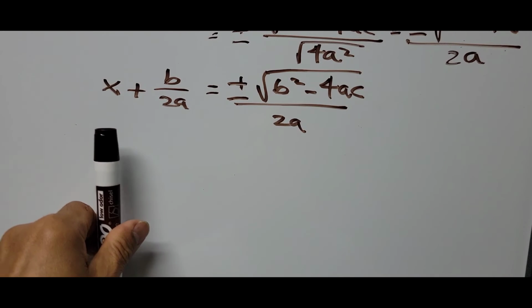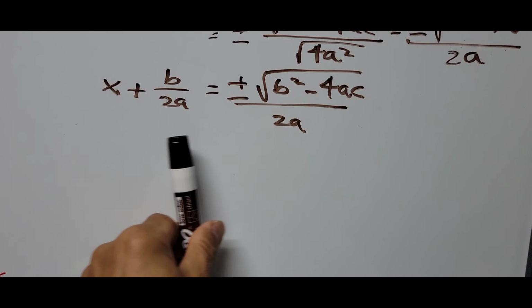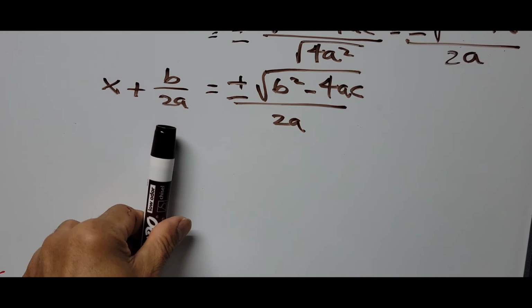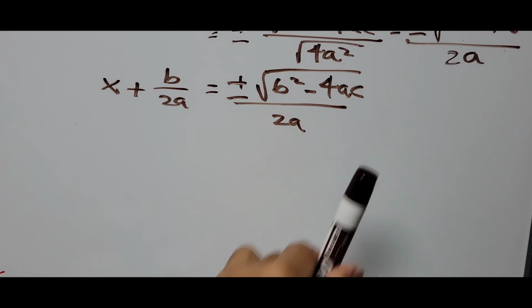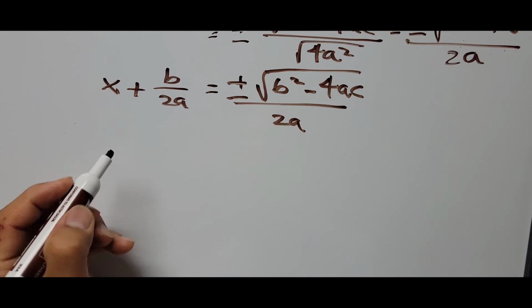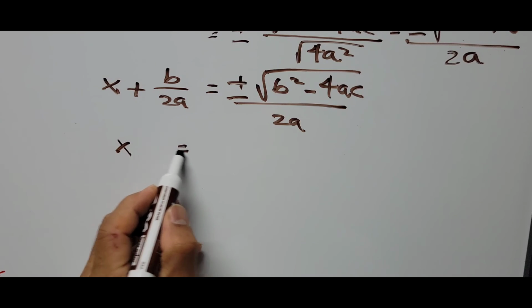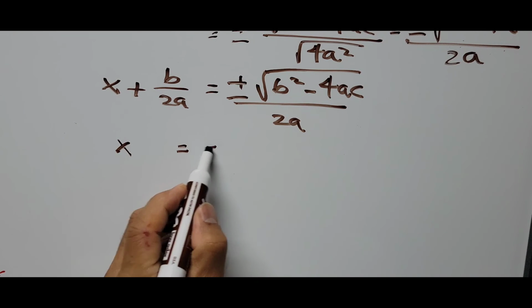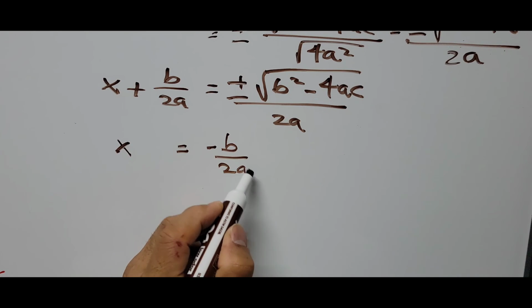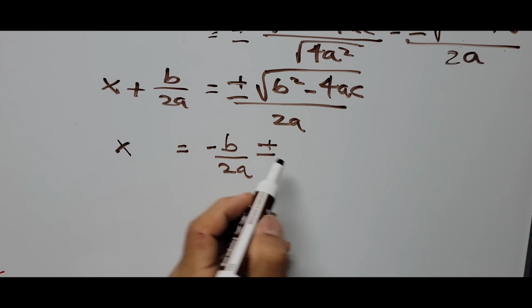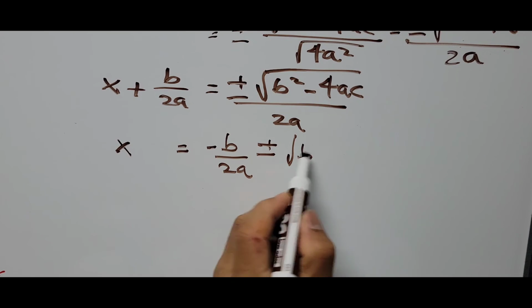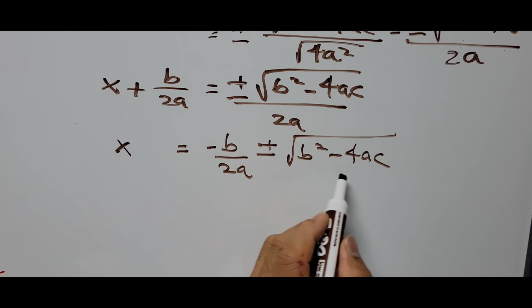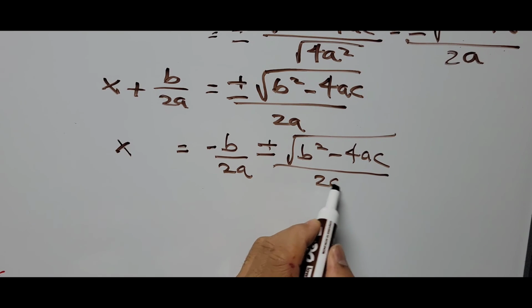Now all we have to do is transpose the constant b over 2a to the right side of the equation, so it becomes negative. So x is equal to minus b over 2a plus or minus the square root of b squared minus 4ac divided by 2a.